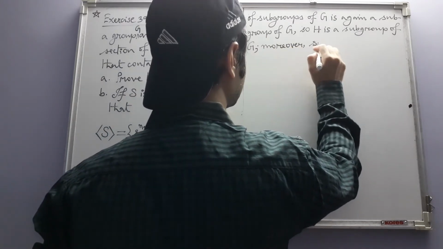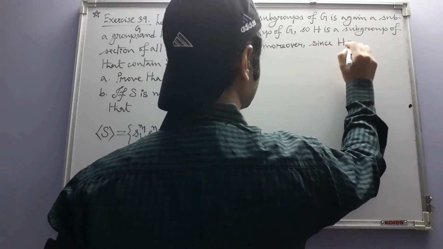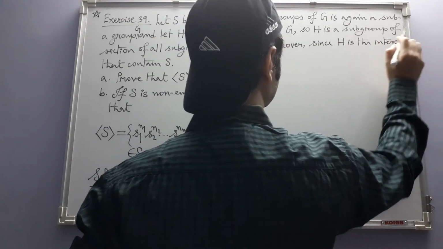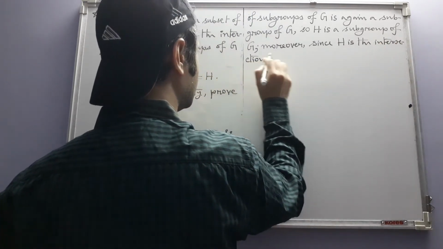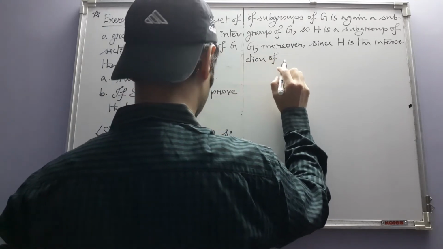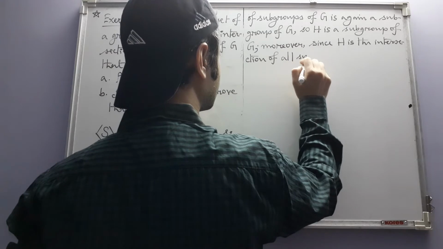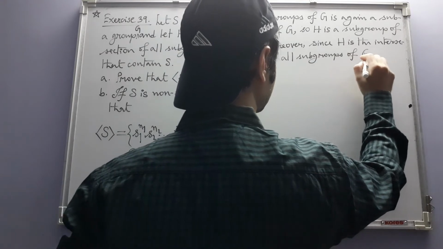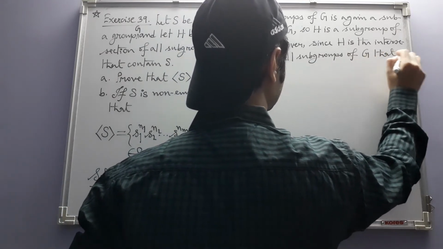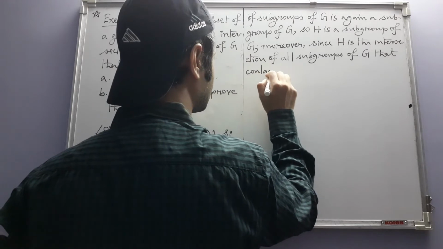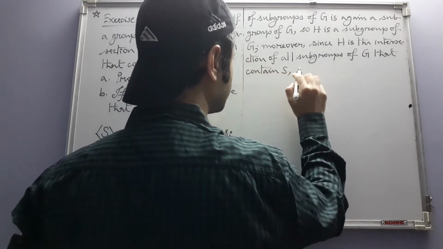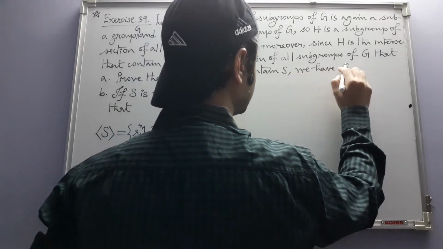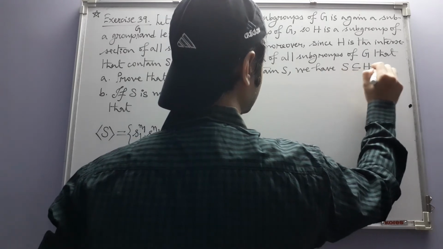Moreover, since H is the intersection of all subgroups of G that contain S, we have this.